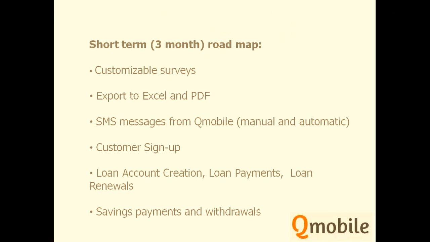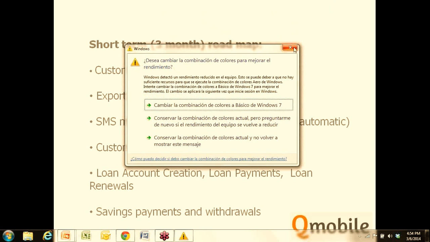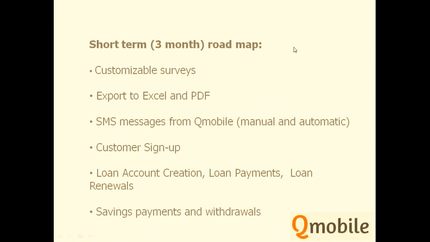We are adding customer sign-up, loan account creation from the mobile device, loan payments, loan renewals, and also savings payments and withdrawals from the QMobile application. That is in the next 3 months.